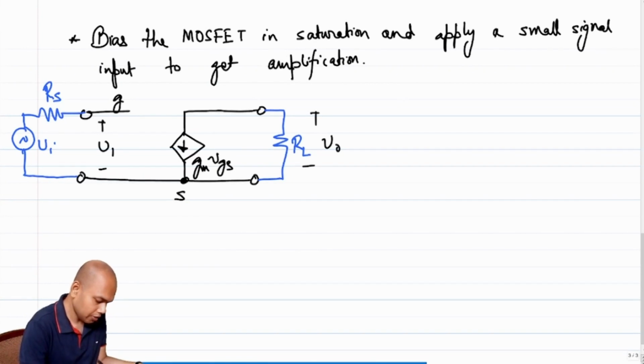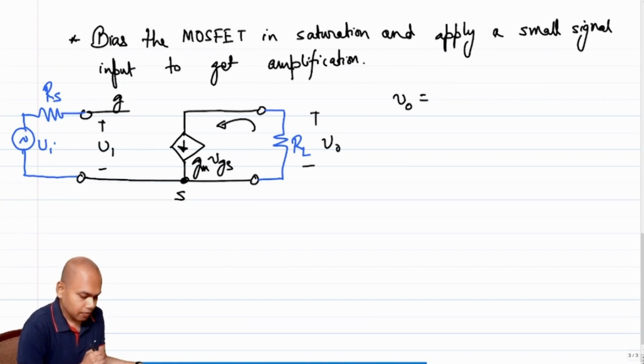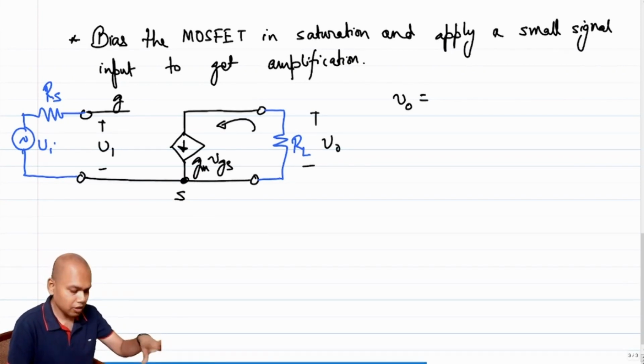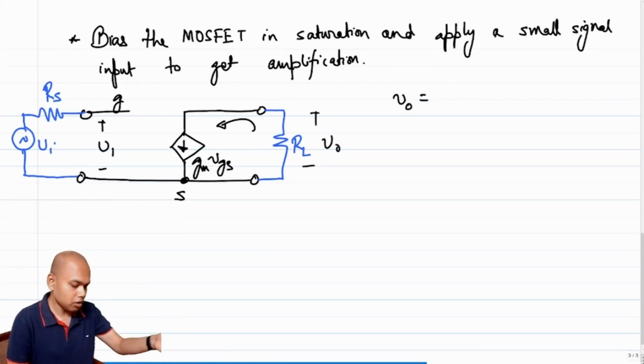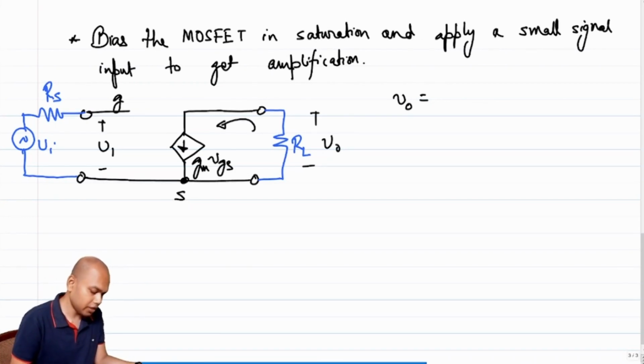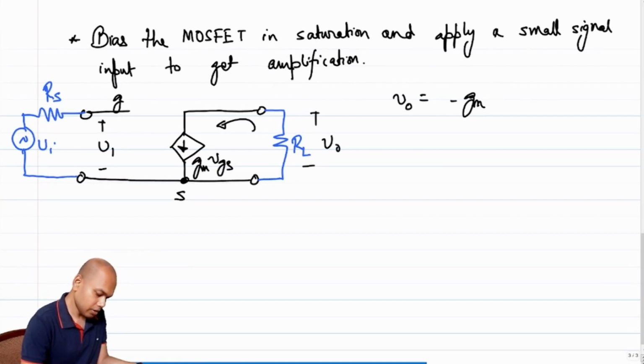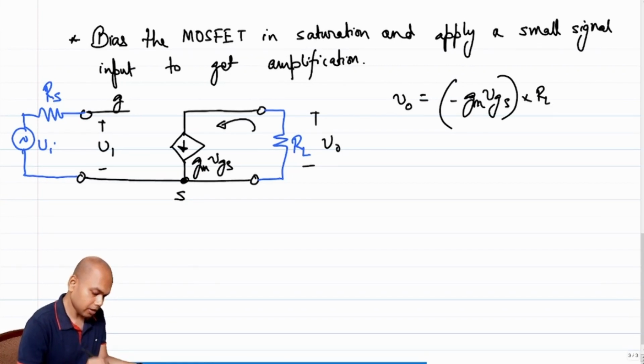V0 is nothing but the current, that is GM times VGS, times RL, but the sign will be flipped because of the way the voltage V0 is marked, right? I am drawing current out of the resistance RL. So V0, that voltage across RL, is minus GM times VGS. This is the current times RL.